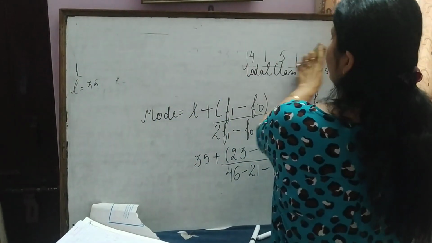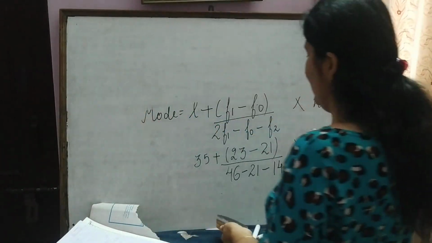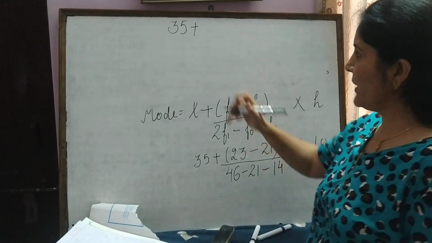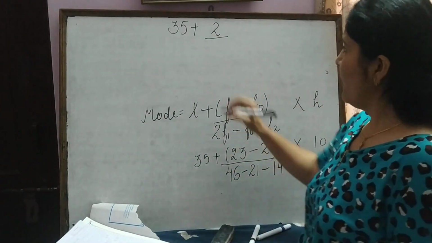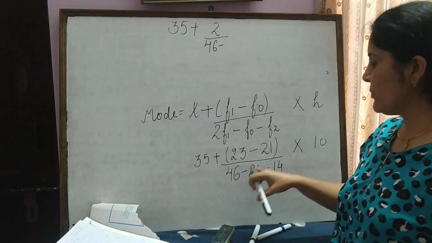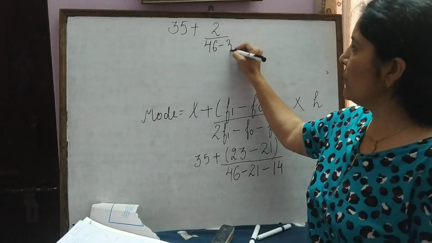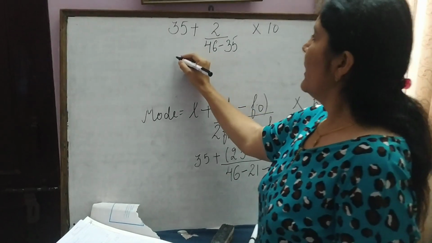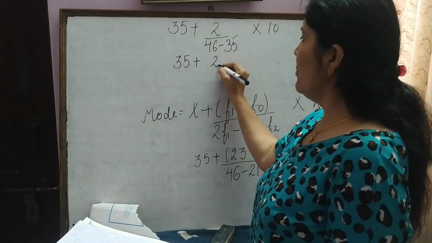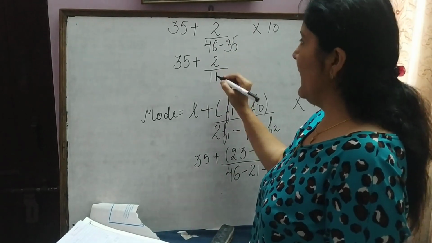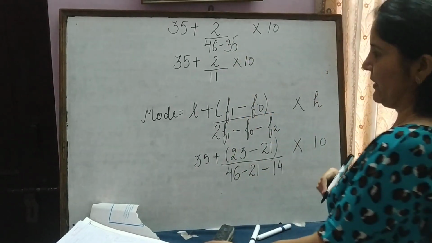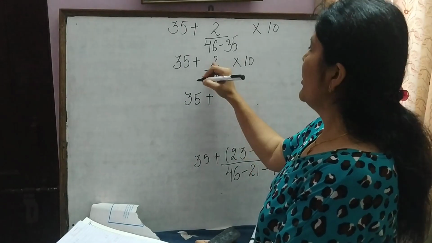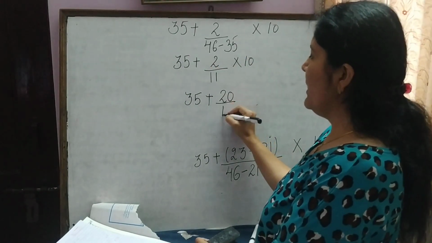Let us rub the board. Let us solve it. 35 plus (23 minus 21) is equal to 2, upon (46 minus 21 minus 14) is equal to 11, into 10. 35 plus 2 upon 11, into 10, that is 35 plus 20 upon 11.